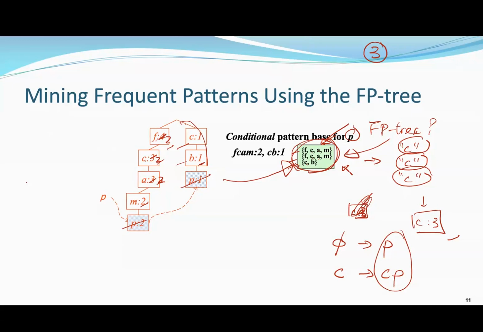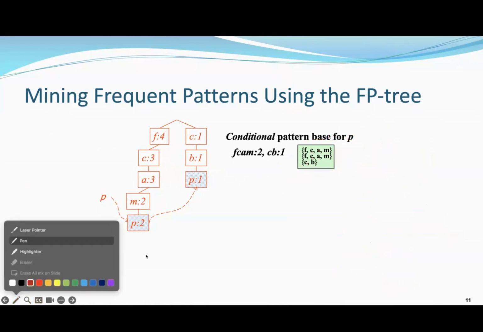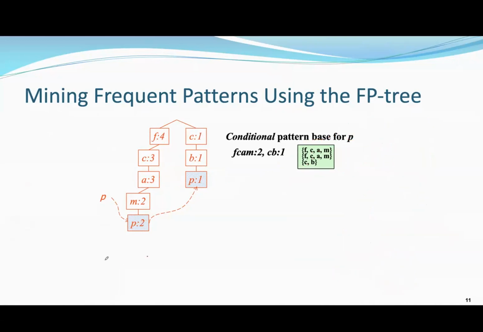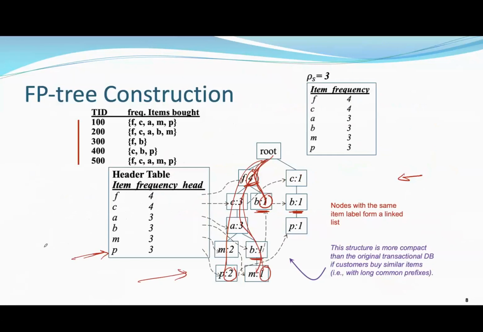All right, one more time, let us reset a little bit. First, I would like to consider the item P. So I consider the original FP tree that I built.